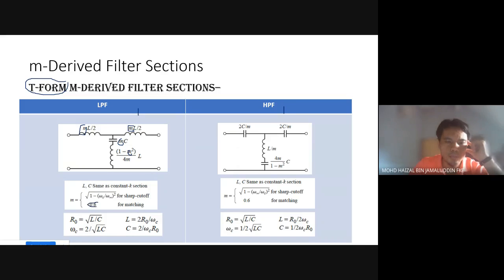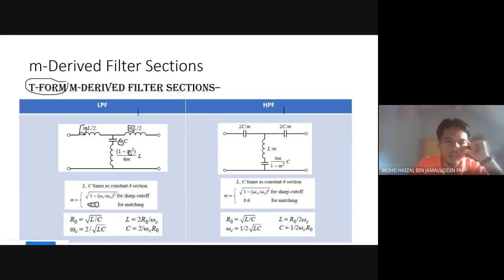If m is equivalent to 0.6, it is for matching. So it will maintain a certain attenuation. For example, when the frequency changes, the attenuation will maintain at almost the same level. You can choose m less than 0.6 or more than 0.6.